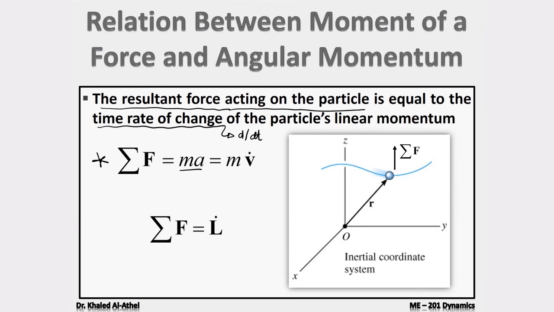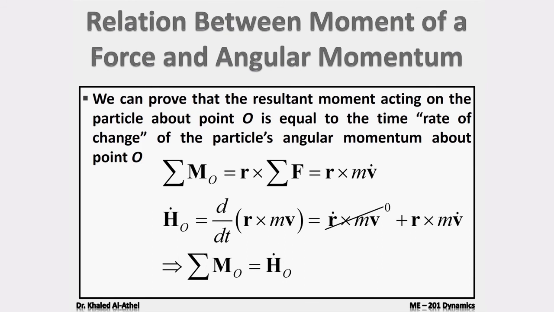Now, since the summation of forces equals m v dot, remember that the linear momentum mv we used to call L, so m v dot, in this expression, I'm going to call L dot. So the summation of forces equals L dot. Now, the next point is to come up with the principle of angular impulse and momentum.